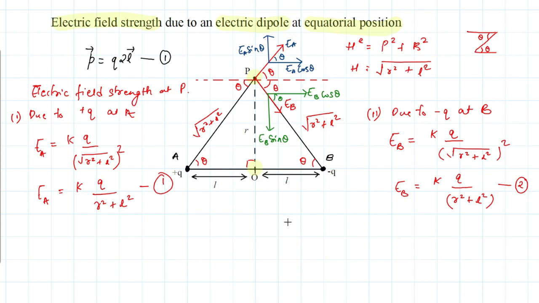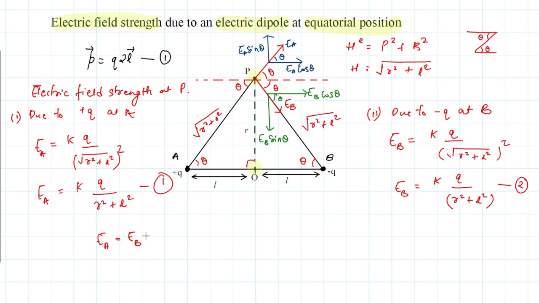Let's solve it with the help of symmetry, because it will make our job easier. If you see equation number 1 and 2, you can say that EA equals EB, so EB and EA are equal in magnitude.